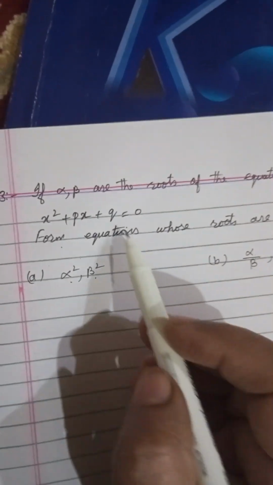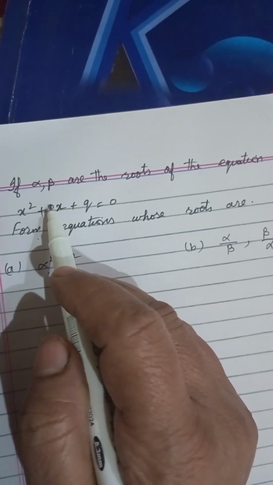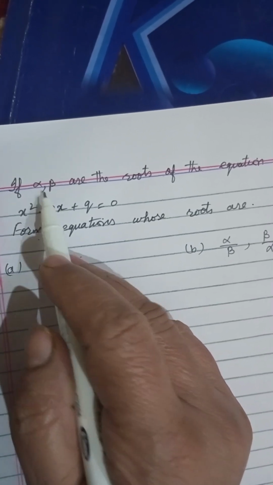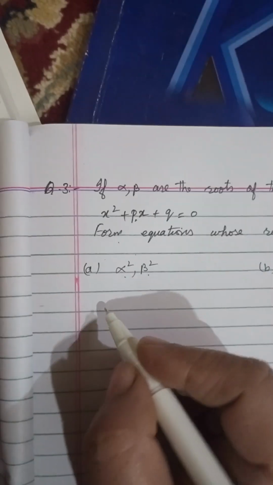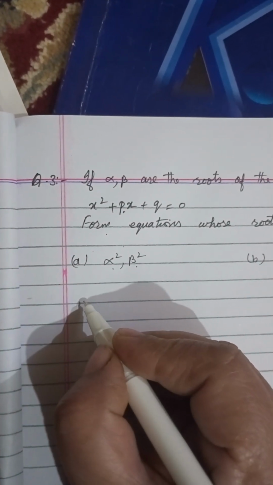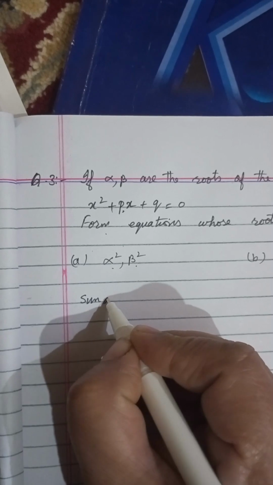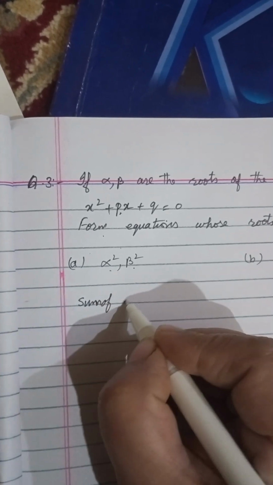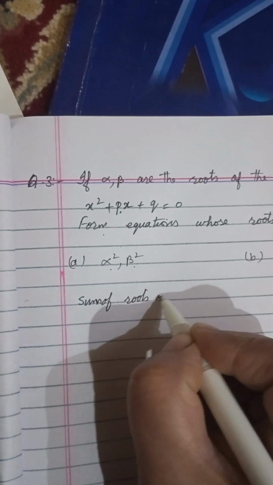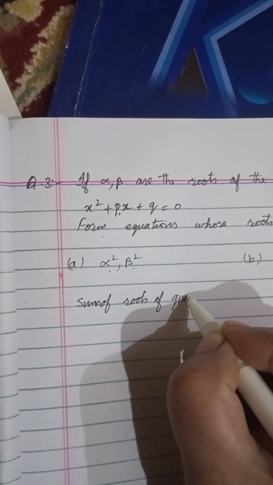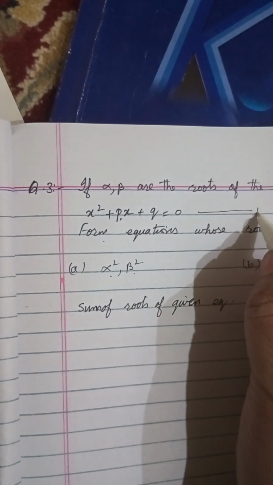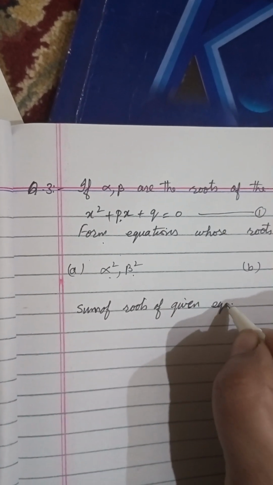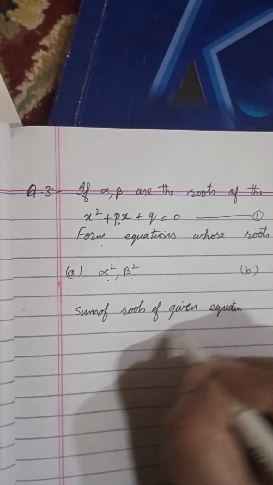To solve part a, first we will find the sum of the roots and the product of the roots of this equation. This is equation number 1.